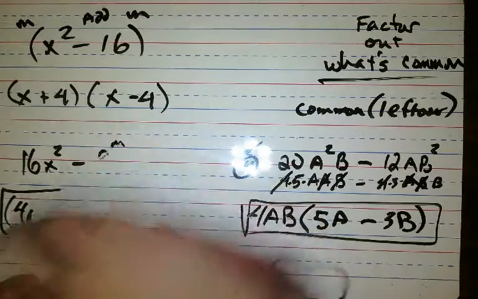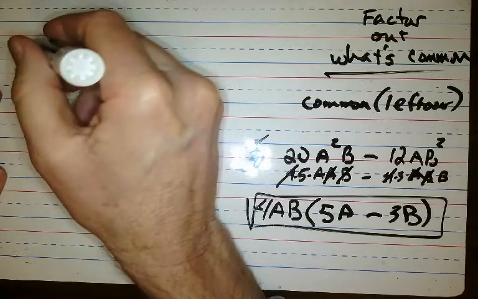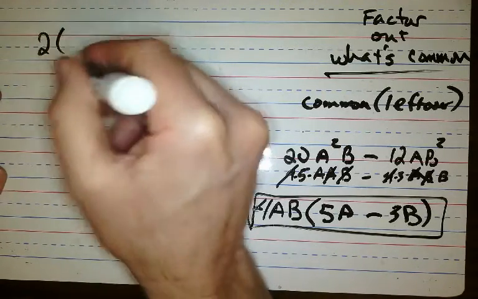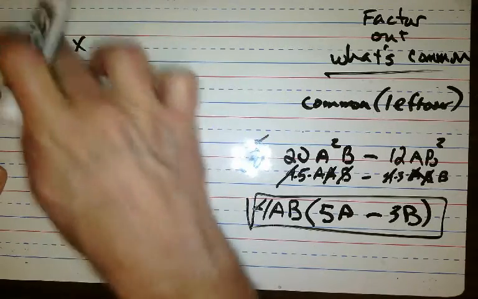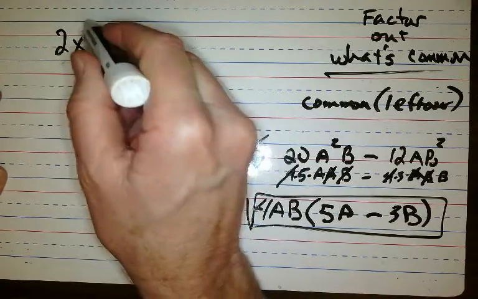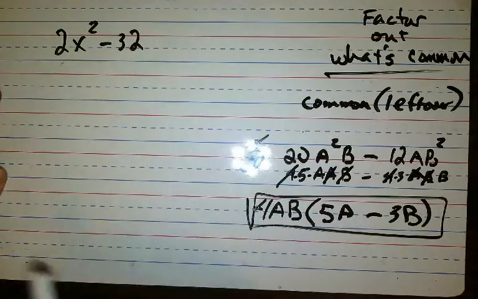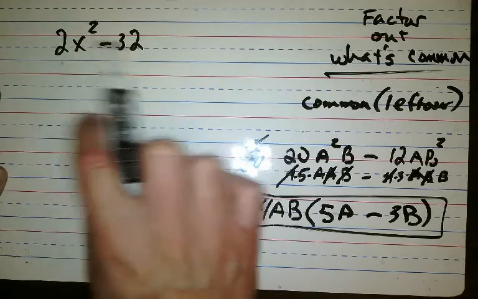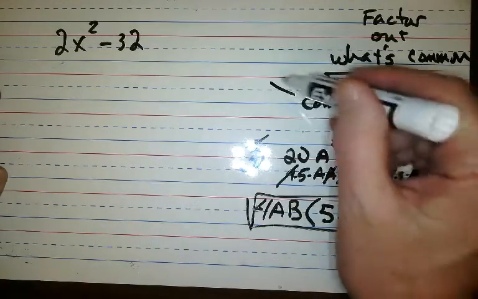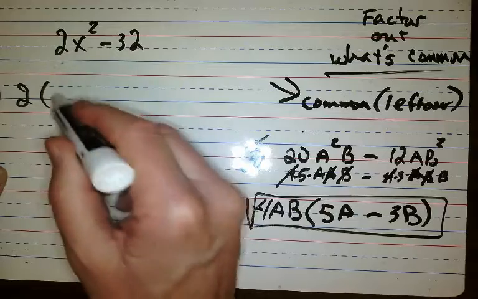Okay. So, there's more. Yeah, there's more. Just one more. So what if we had something like this? 2x squared minus 32. Alright? You say, well, wait a minute. There's nothing that multiplies to be 2. That's right. So we have to take out what's common, which in this case is just 2.